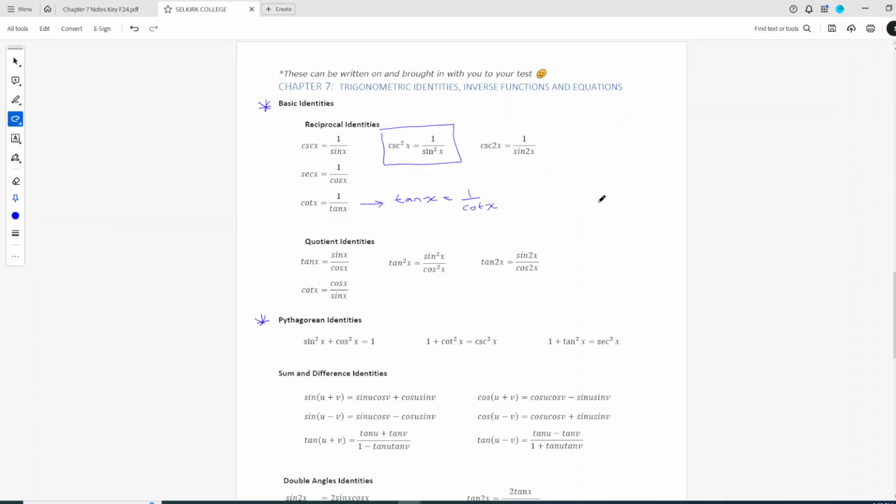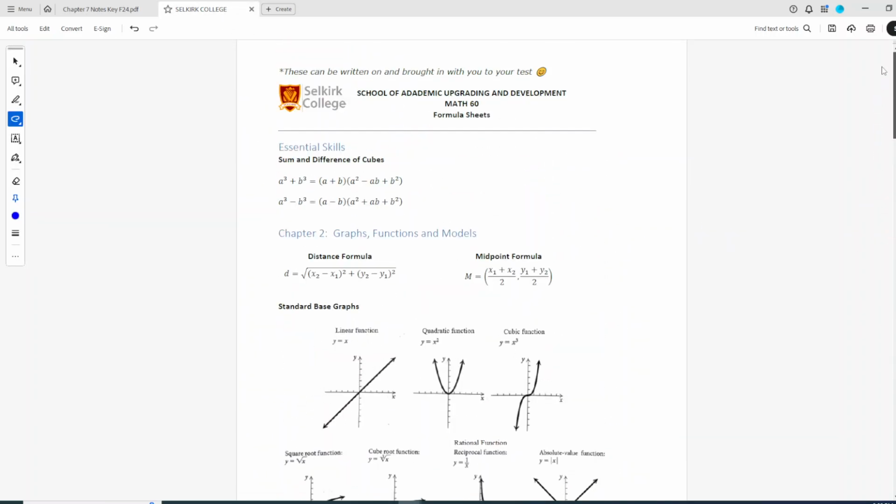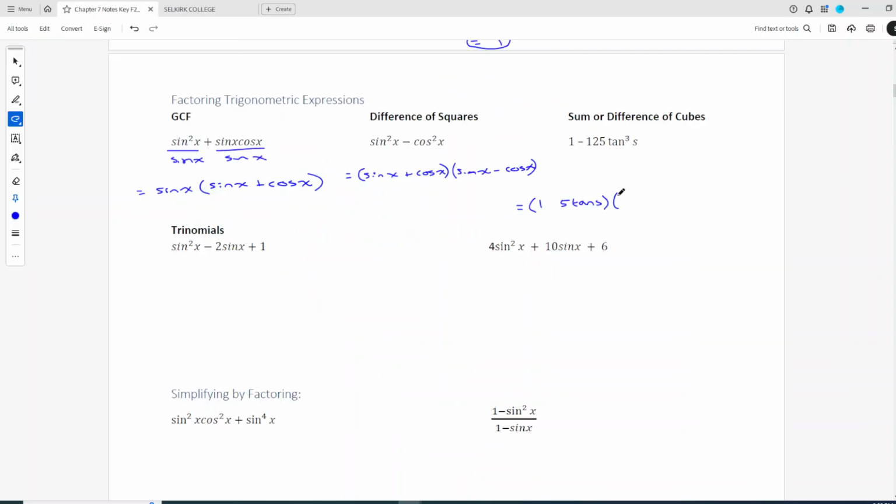Now, if you don't know what I'm talking about, don't forget that in your formula sheets at the beginning, we have formulas for how to factor a sum or difference of cubes. So you take the cubed root of the first term, cubed root of the second term, and then you square, multiply, square, and then you put your signs in. Okay, so I'm going to square, and then I'm going to multiply these two together.